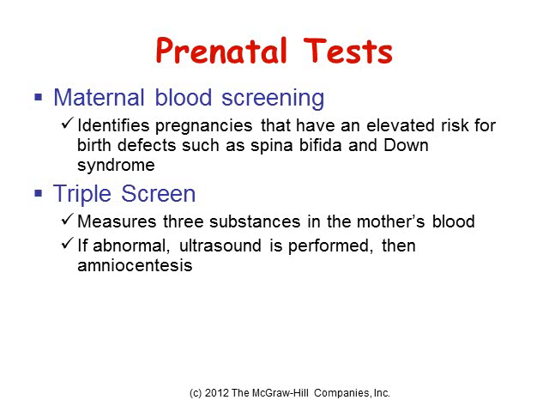The triple screen will measure 3 substances in the mother's blood, and if they find something abnormal, they'll do an ultrasound and then an amniocentesis. And what that is basically, they stick a needle through the abdominal wall and into the uterus to actually test the fetus.